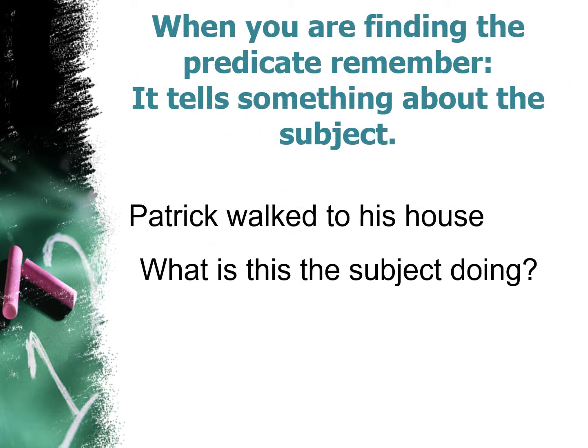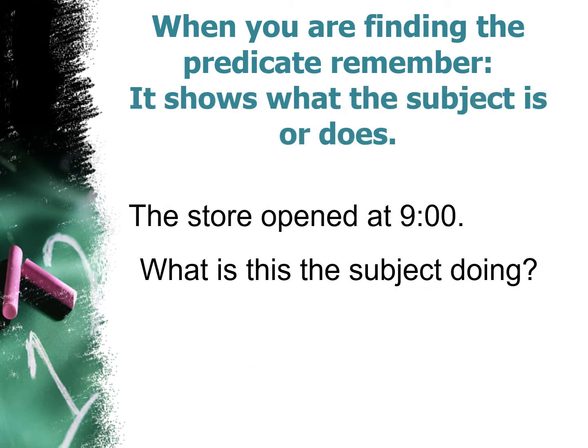When you are finding the predicate, remember it tells something about the subject. For the example here, Patrick walked to his house. What is the subject doing? So Patrick is the subject and he is walking to his house. For this example, the store opened at 9.